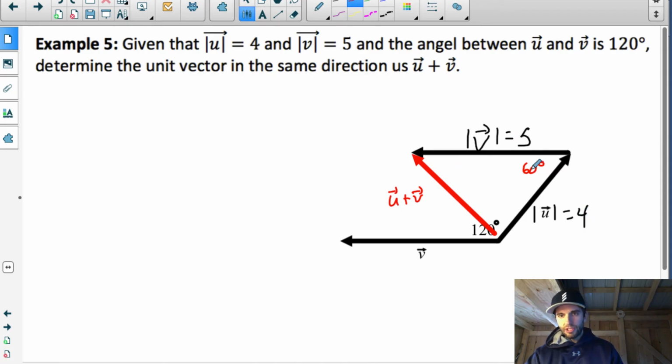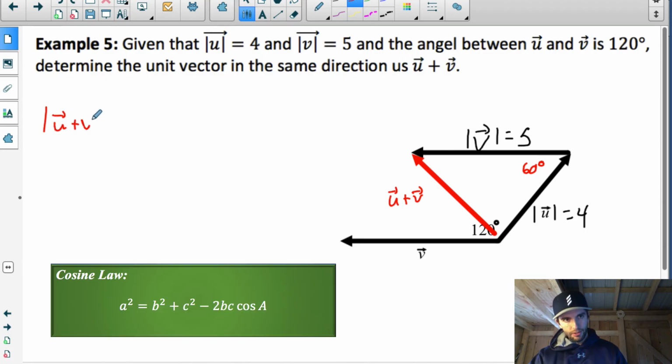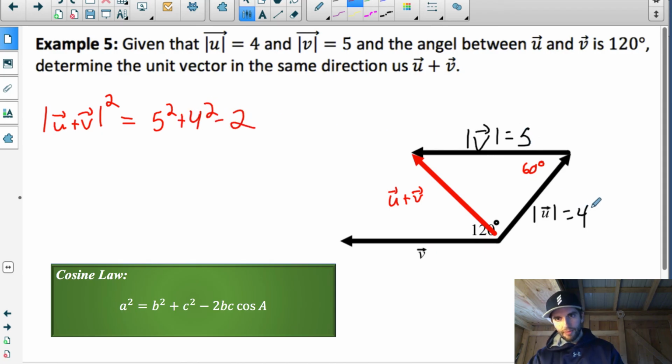And then since I know two sides and a contained angle, I could use cosine law to figure out the length of the side opposite from the contained angle. So cosine law would tell us that the magnitude of this side squared equals the magnitude of this side squared plus the magnitude of this side squared minus 2 times the product of the magnitudes of those two sides times cosine of the contained angle.